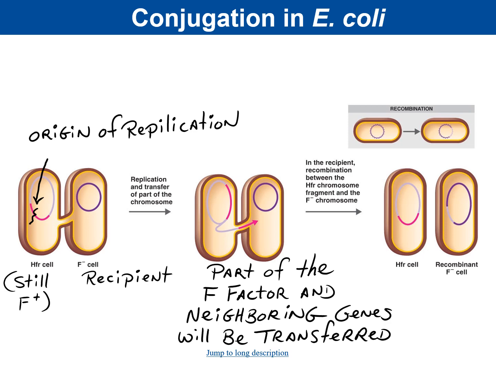It can have any number of different genes that could be advantageous to making the F- cell newly capable, right? That's what recombinant means here, is that the F- cell may have new characteristics. So things like toxin production or capsule production, antibiotic resistance, etc.